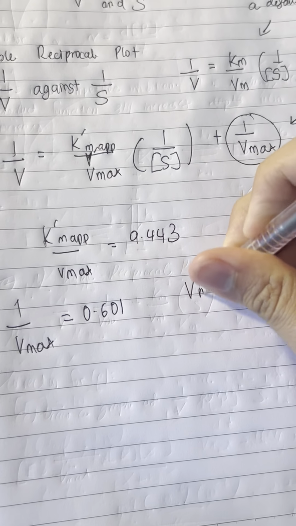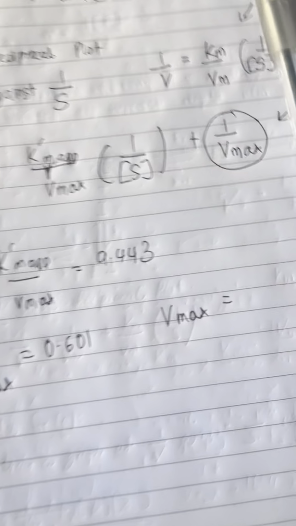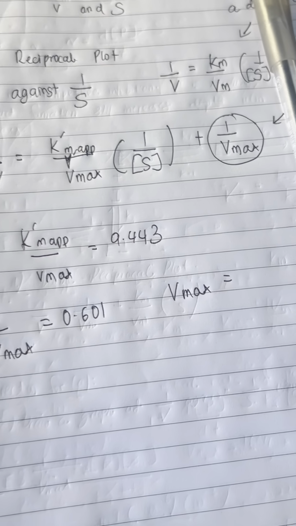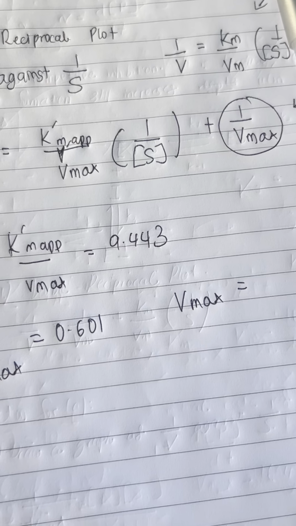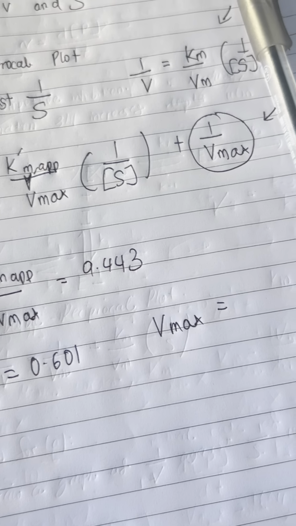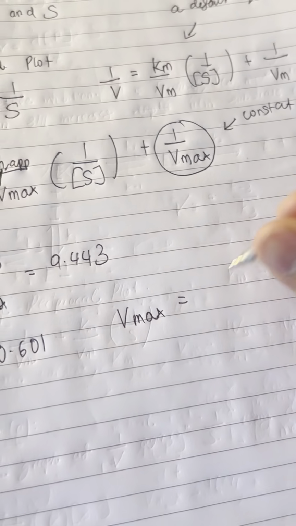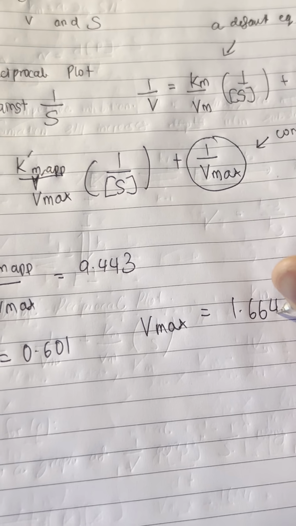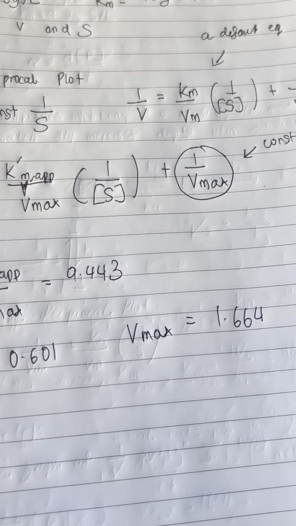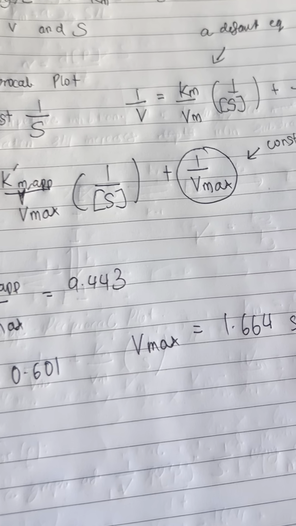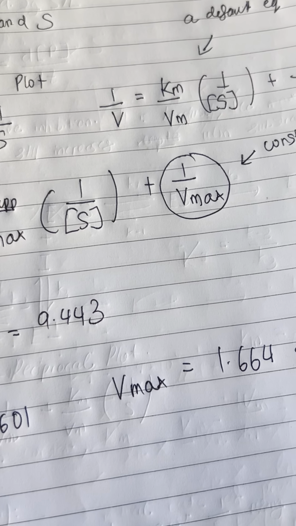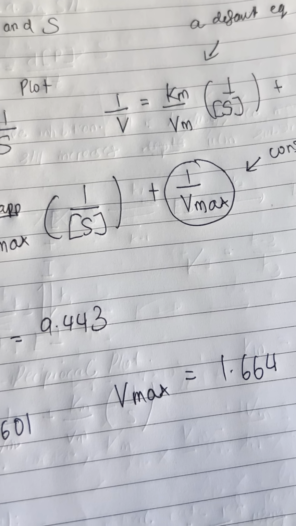So V max is, let's take a calculator. 1 over 0.601, you get this value 1.664, okay. I think this is per second. This should be per second.